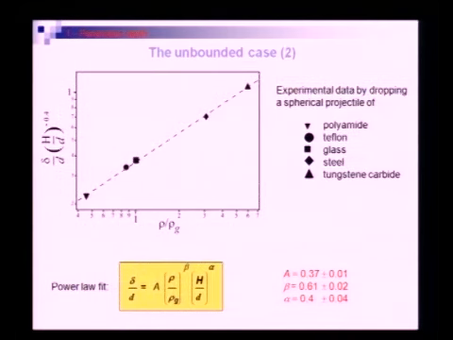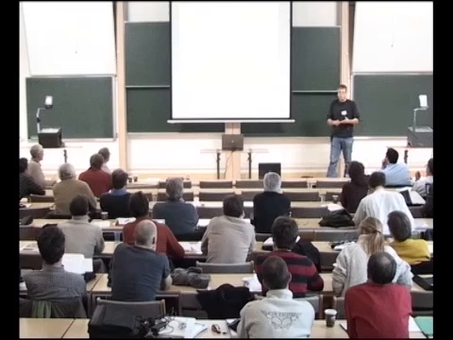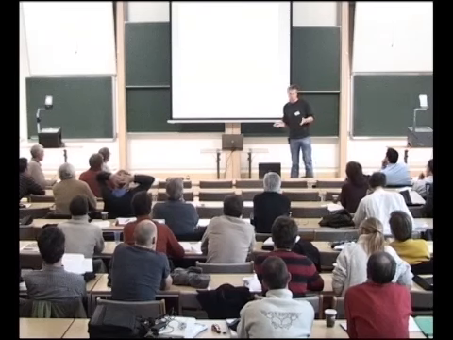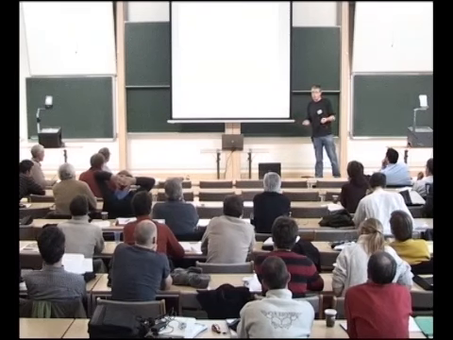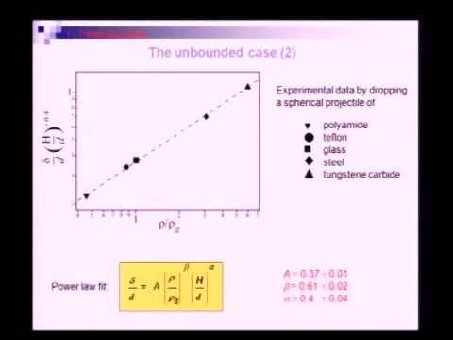So now, moreover, we are going to change the density of the projectile, always in an unbounded case. The unbounded case means the diameter of the cylinder can be considered as infinite. And we see that if we plot the normalized penetration depth as a function of the density ratio of the projectile, where rho_g here is the density of the granular medium, we also have a linear curve in a log-log plot.